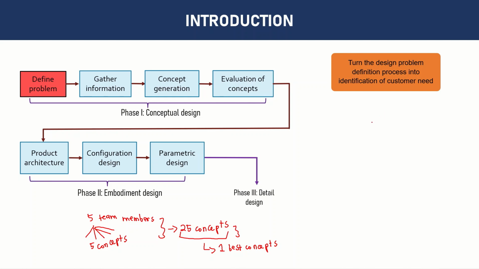We see the problem, which is actually what the customer needs. We want to fulfill the customer needs. There is a gap, there is an improvement required by that product in order to assist the user.